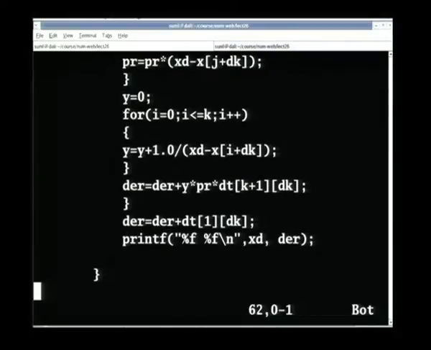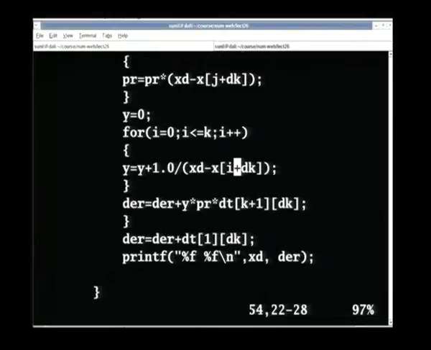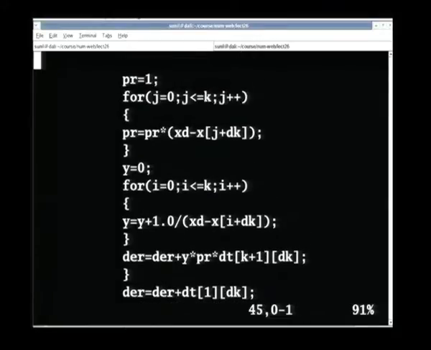So, I have a sum of 1 over x minus x i's here. Again, dk is the point at which I enter the polynomial, and that is also important. I need to know which point I enter in the divided difference, so it will not always be on the top.